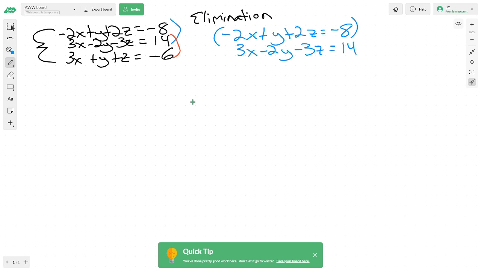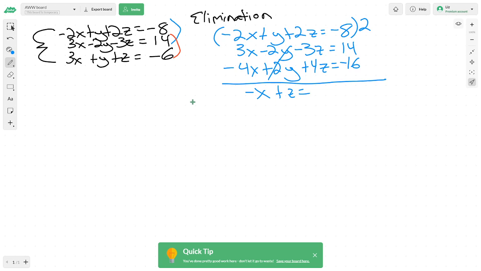So I'm going to take this top equation and multiply it by 2. That way I'll have a positive 2y and a negative 2y and they'll cancel. So that gives me a negative 4x plus 2y plus 4z equals negative 16. Now those will cancel and I'll get negative x plus z equals negative 2.